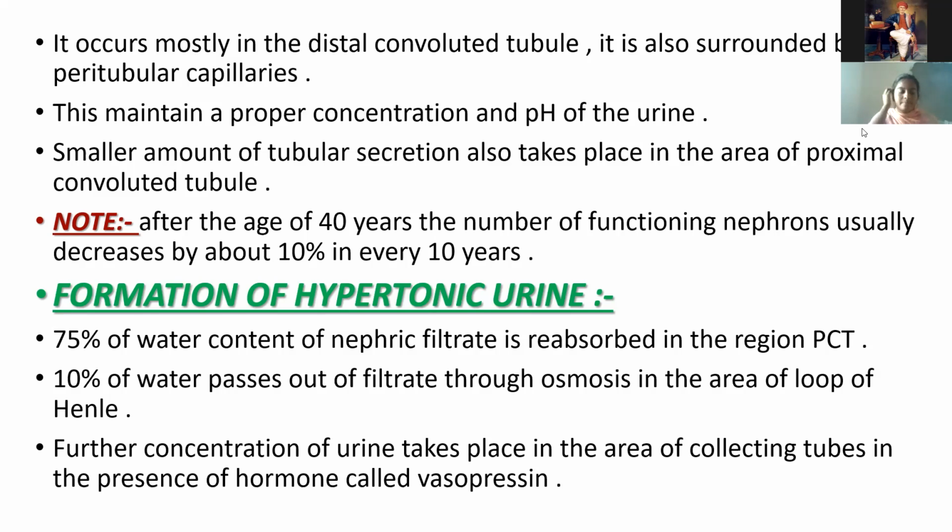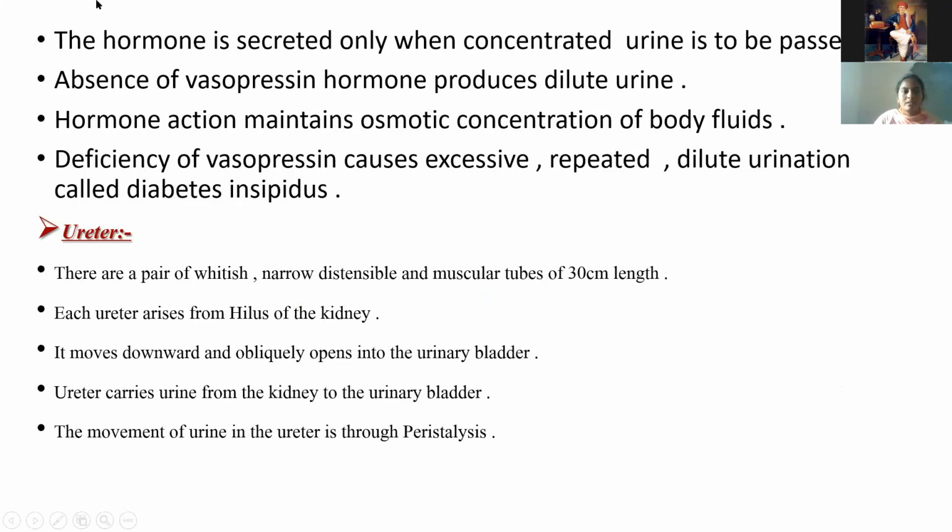Next, the concentration of urine takes place in the area of the collecting tubes in the presence of a hormone called vasopressin. The hormone is secreted only when concentrated urine is to be passed out.